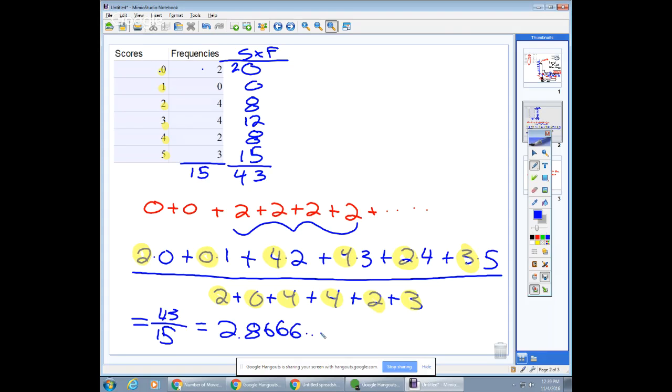So usually when we calculate statistics, we go one more decimal than the data has. Well, our data is a whole number, so going to the tenth would be sufficient here. So we could say that the average here is about 2.9. Anybody else get about 2.9? I did. Okay.